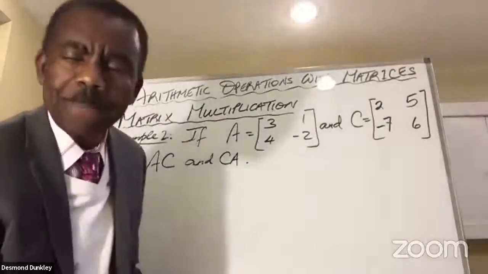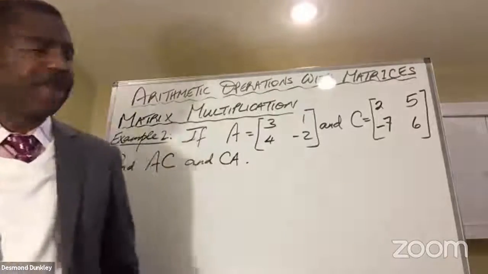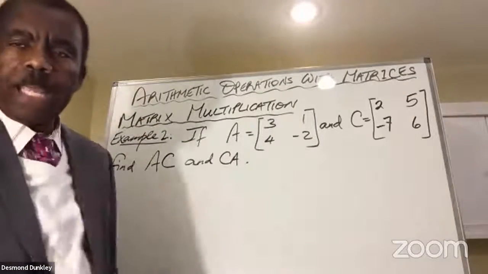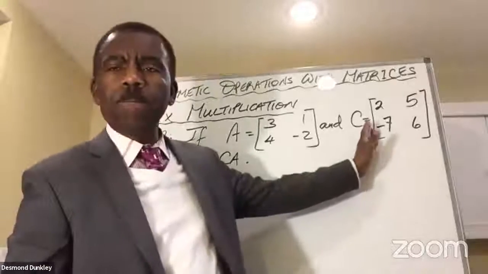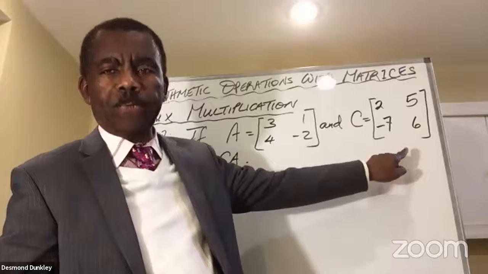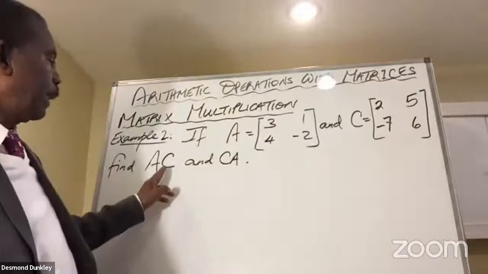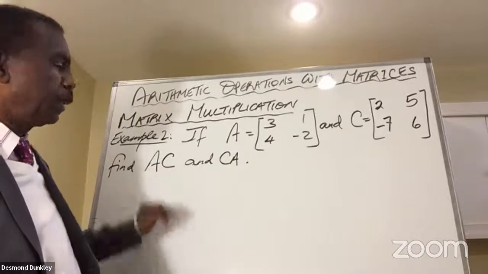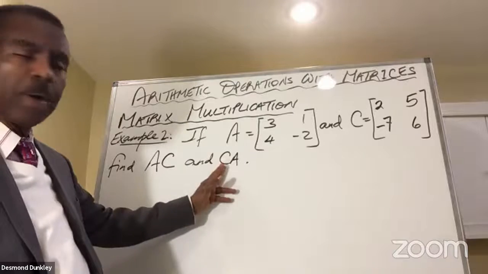So yes, I must admit, I took an easy way out. I kept matrix A, and instead of B, I changed this to another matrix C, which is a 2 by 2 matrix. And now I want to see what the product AC is compared to the product CA.